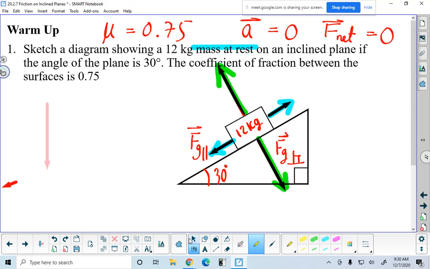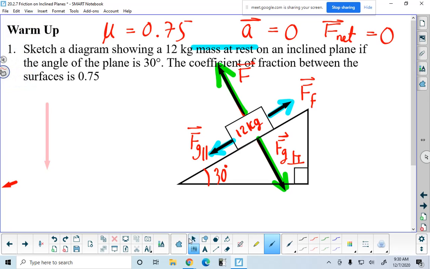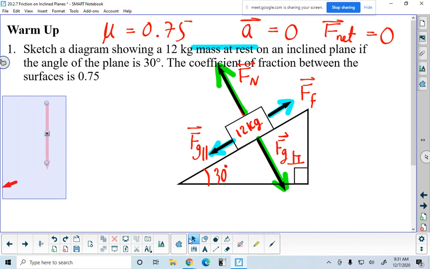But let's label what these forces are. This is the force of friction. This is the normal force. Now we want to be very, very careful here about drawing generalizations that may not always be true.